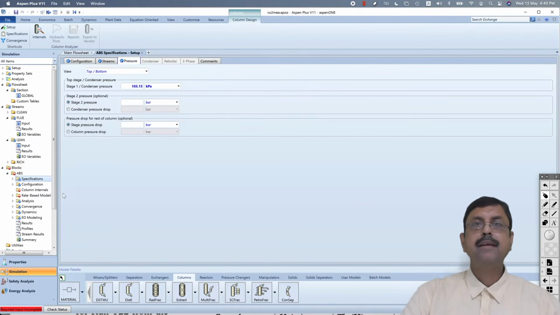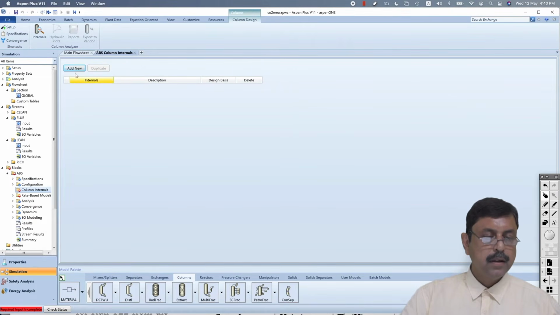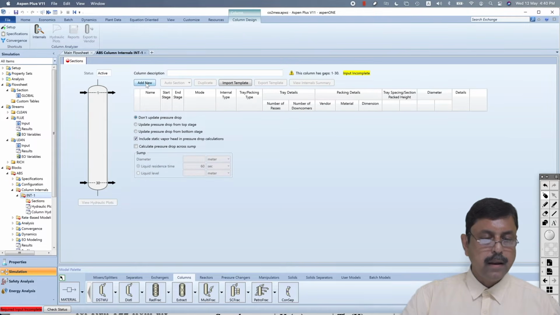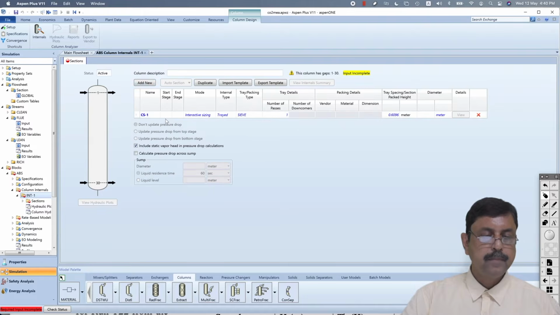Now, as it is a rate-based column, we have to enter the column internals. So go to column internals, add a new section.